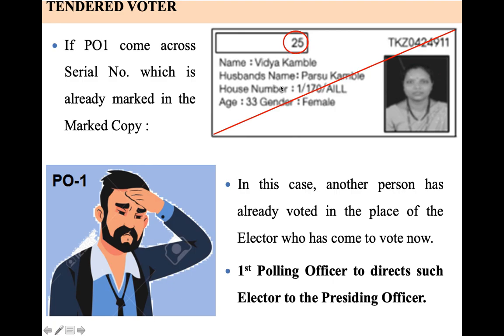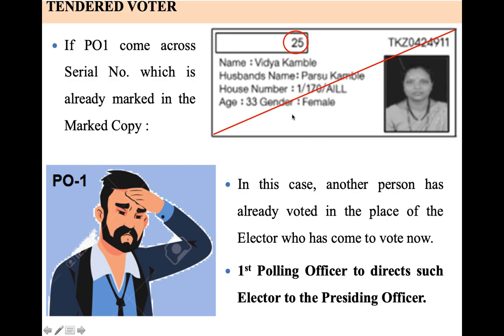But suppose one elector comes and says, I am Vidya Kamble, my serial number is 25. The presiding polling officer 1 draws a diagonal mark in her box in the electoral roll, suggesting that the elector has been allowed to vote.